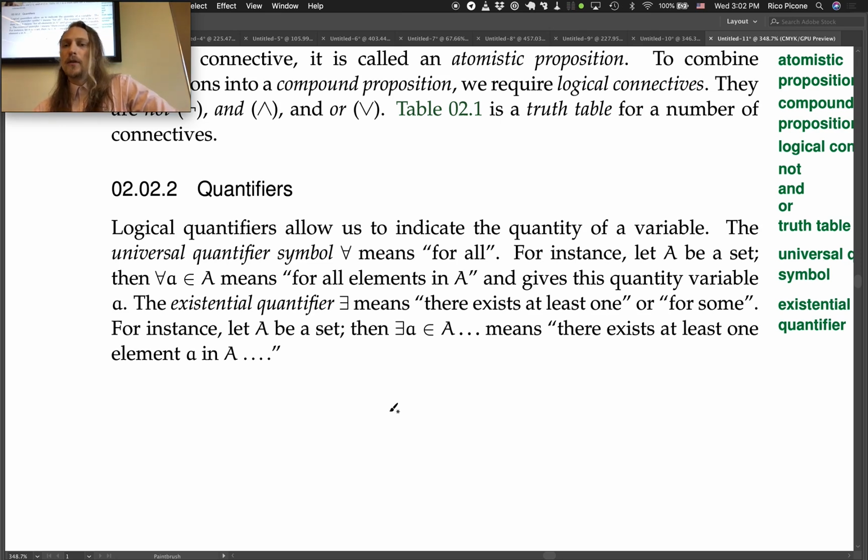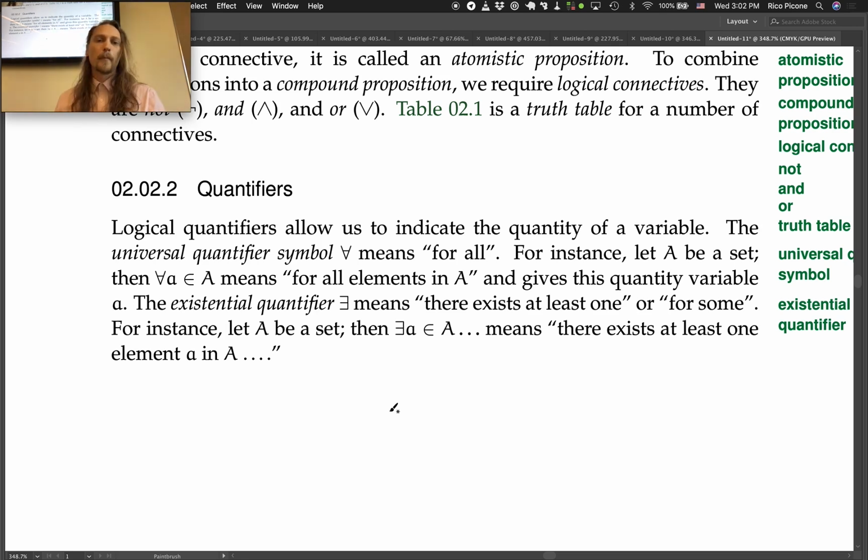And those are the two most important quantifiers, and so I thought I would mention them. They show up pretty frequently, especially the for all or the for each universal quantifier symbol. That one shows up a lot.